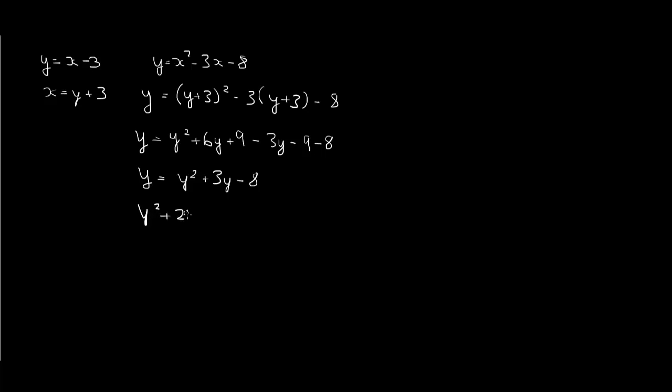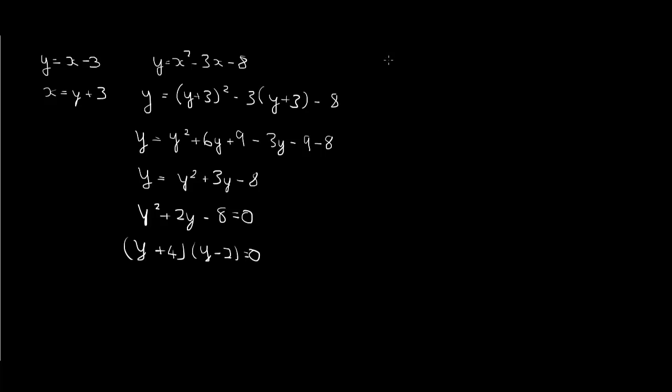So just rewriting that, I'm going to put y squared plus 2y minus 8 equals 0, rearranging that. That factorises to (y plus 4) and (y minus 2).